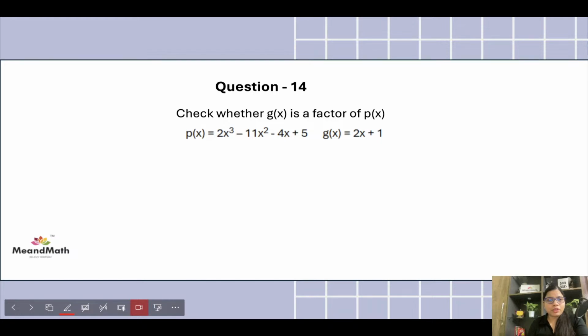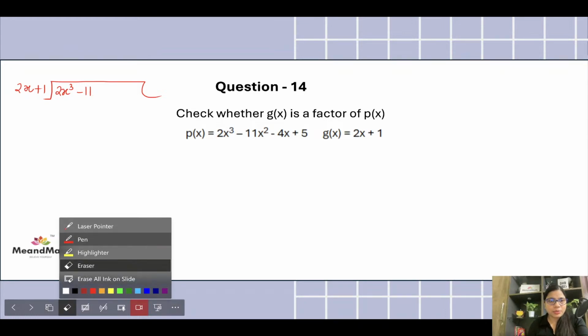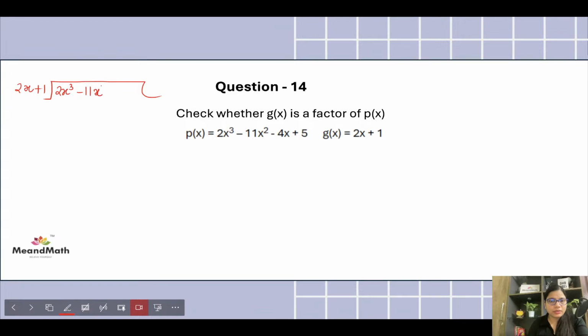So I'm going to be doing it here. Let's do it together. Inside, we're going to be copying 2x cubed minus 11x squared minus 4x plus 5.